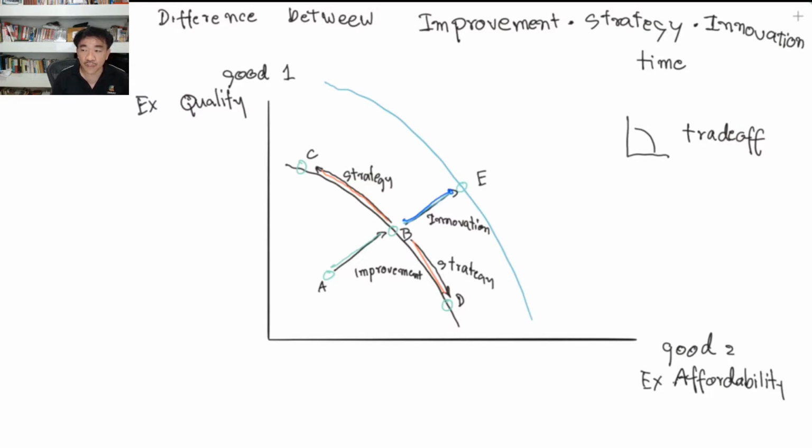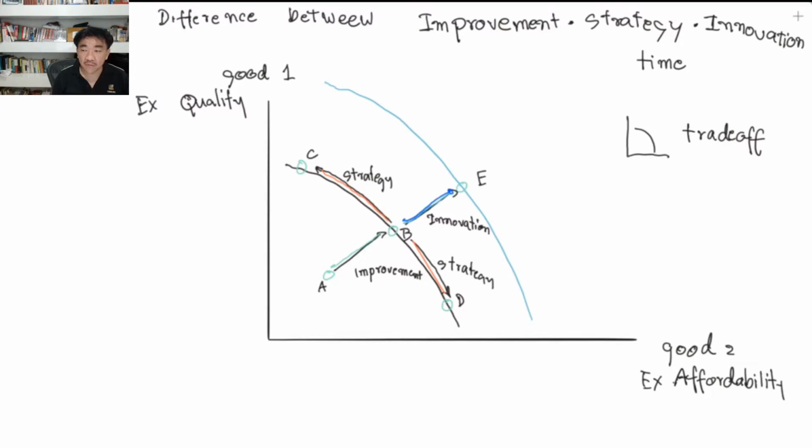But if you move to D, for example, you are an Android manufacturer and you want to be cheap and differentiate yourself from Apple, so you move to D. You are cheaper, but the overall quality is going to reduce, because you are on a constraint line.